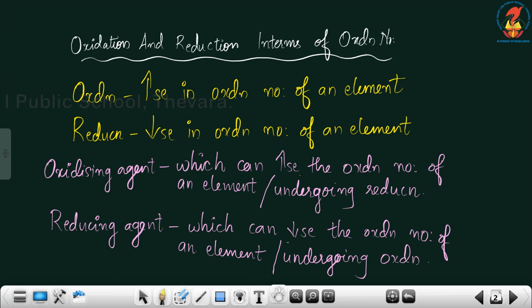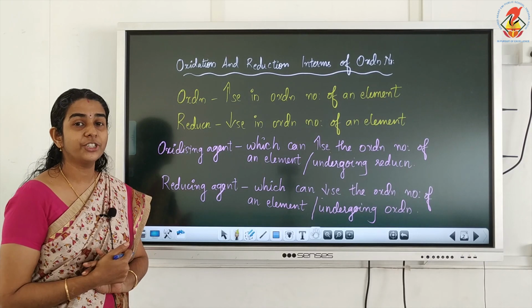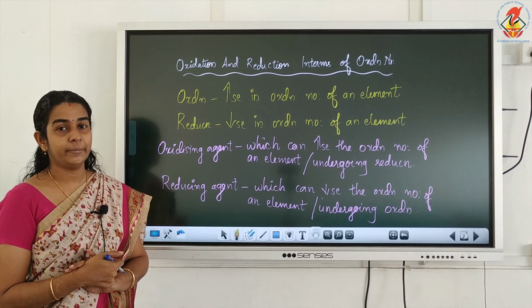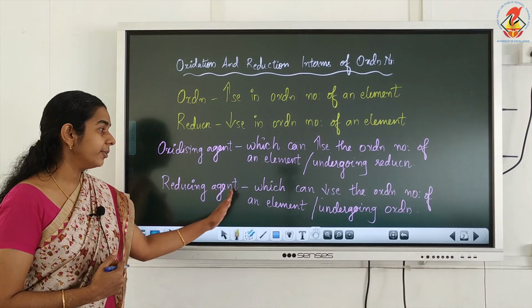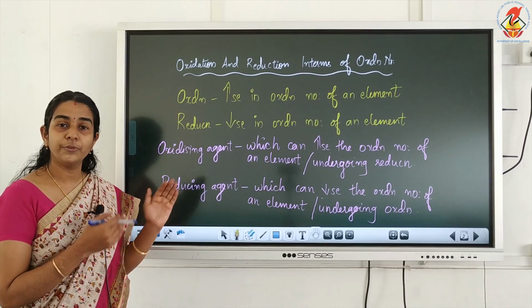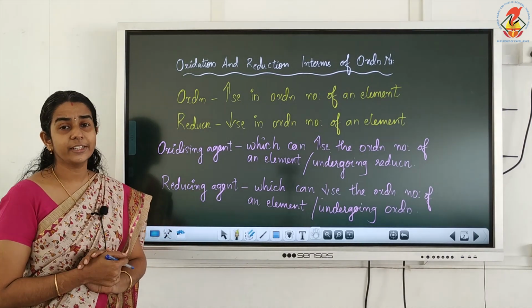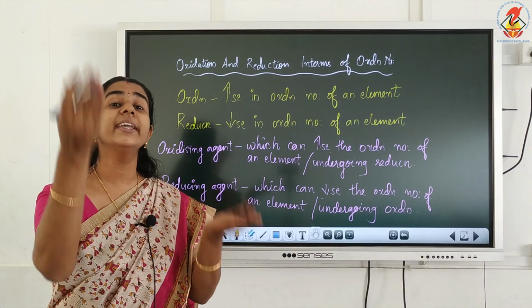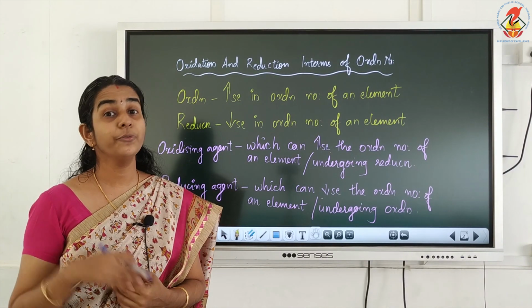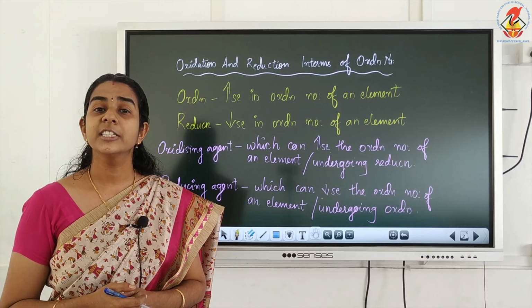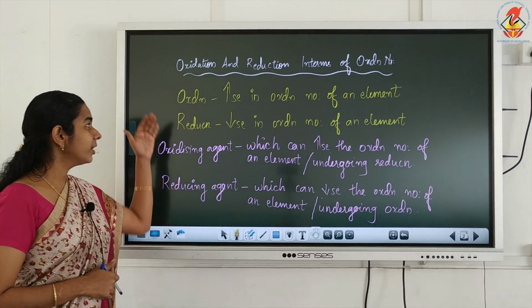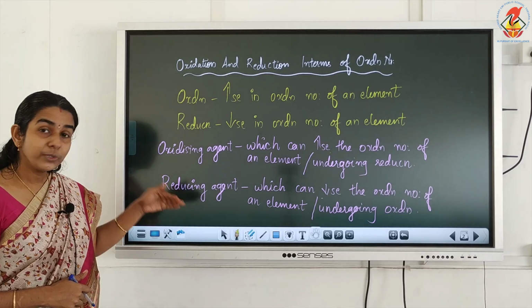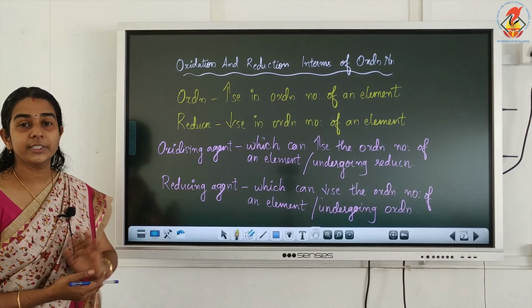So reducing agents decrease the oxidation number of another element, while they themselves undergo oxidation. So this is about reduction, reducing agent, oxidation and oxidizing agents.